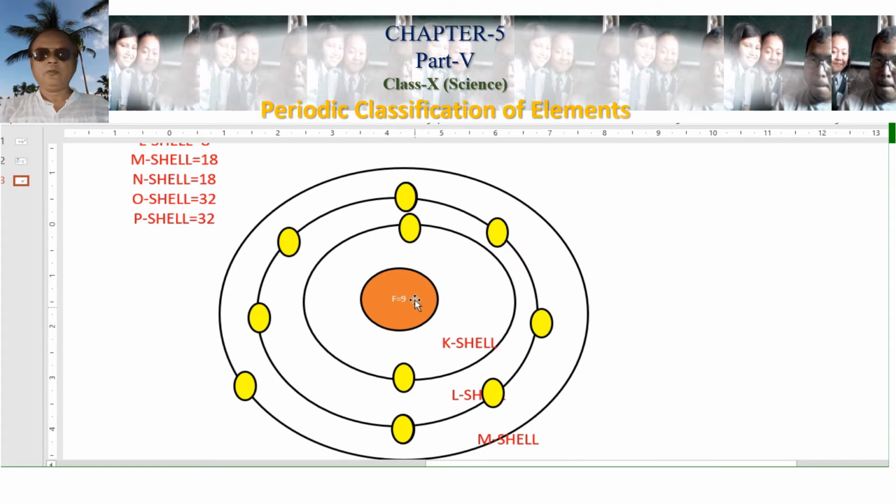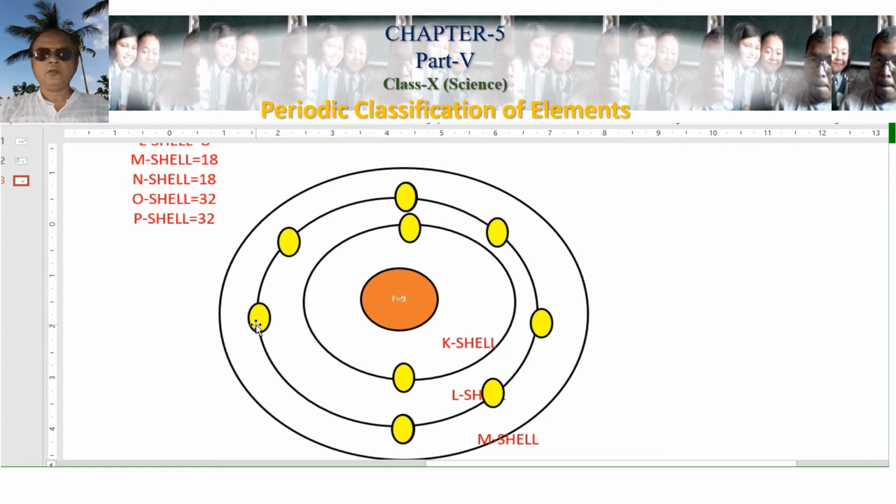2 in the innermost orbit, and 7 in the outermost orbit: 1, 2, 3, 4, 5, 6, 7.